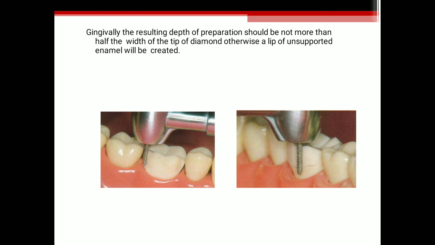Then gingivally, the resulting depth of preparation should be not more than half the width of the tip of the diamond burr. Otherwise, a lip of unsupported enamel will be created. Remember this point. Gingivally, when you are going to prepare, the depth of preparation should be not more than half the width of the tip of the diamond burr.